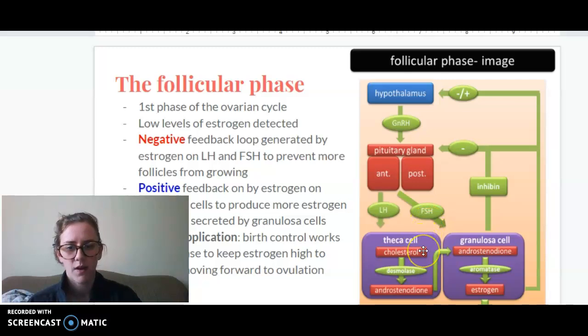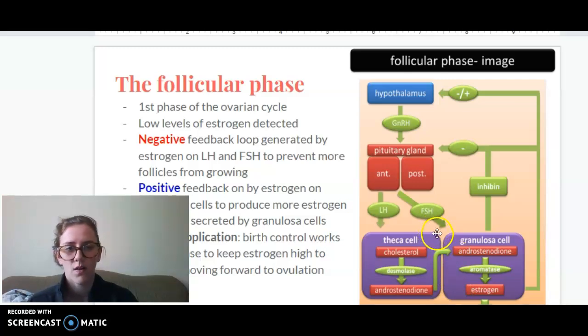The theca cells play a role in producing androgens, and androgens are also found in males, but in females androgens are converted by an enzyme aromatase to create estrogen. So that's the estrogen production, and then as estrogen production increases, we will then be able to move on to the next phase of the cycle.